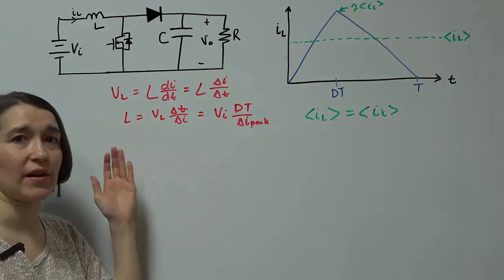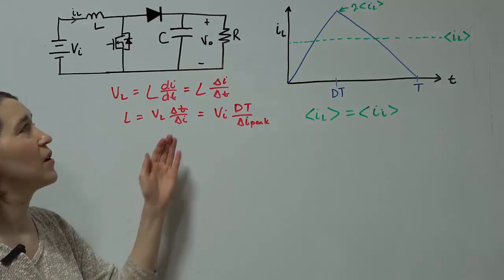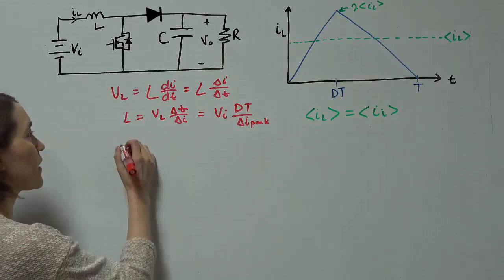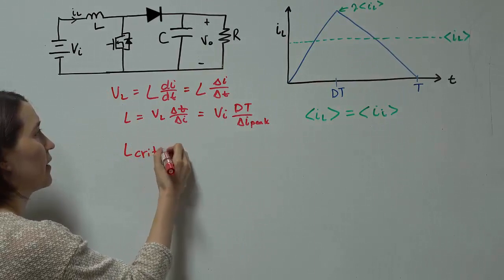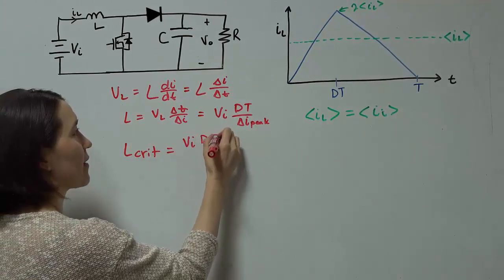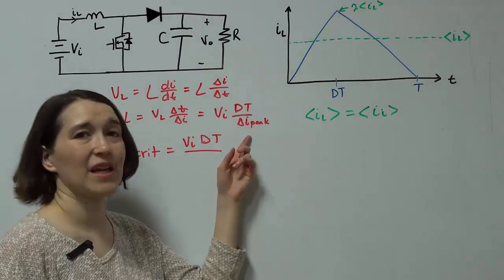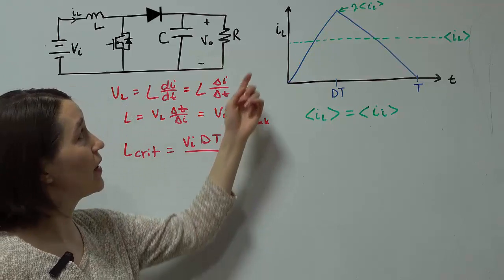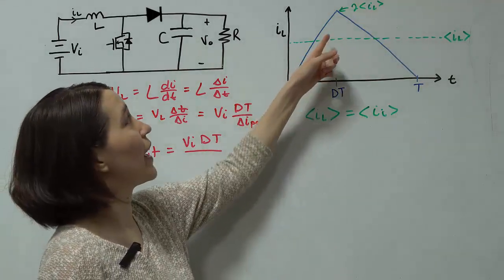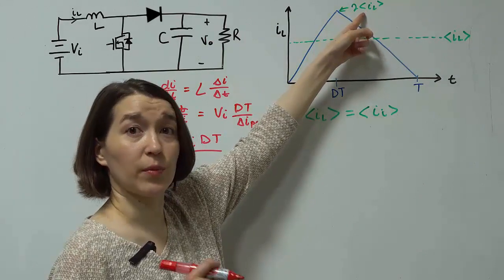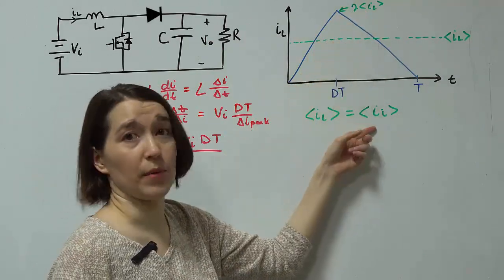Now we can use this to calculate the critical inductance, which is going to be exactly in boundary conduction mode. So L critical is equal to the input voltage times dT, that stays the same. Now we can plug in the peak inductor value, and for boundary conduction mode, like drawn here, we know that this peak value is going to be twice the average inductor value, which for a boost converter is twice the input current.